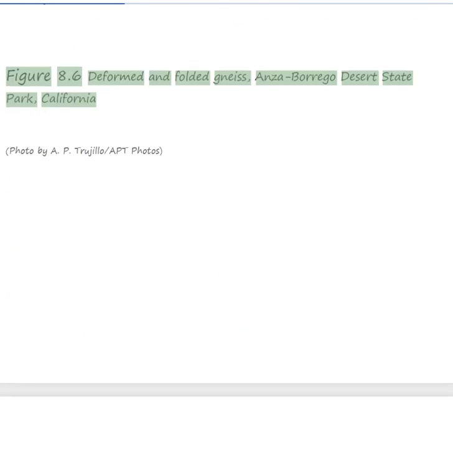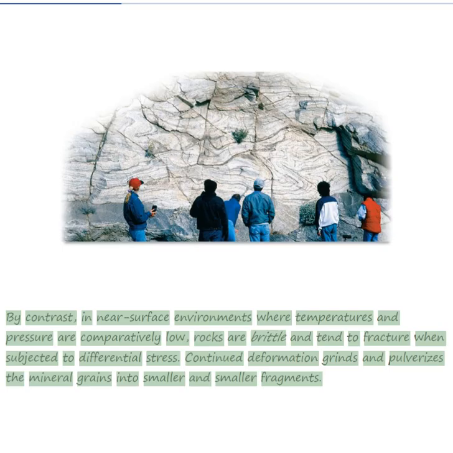Figure 8.6: Deformed and folded gneiss, Anza-Borrego Desert State Park, California. By contrast, in near-surface environments where temperatures and pressure are comparatively low, rocks are brittle and tend to fracture when subjected to differential stress. Continued deformation grinds and pulverizes the mineral grains into smaller and smaller fragments.